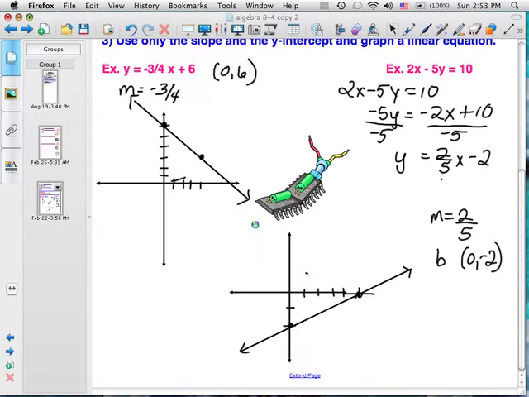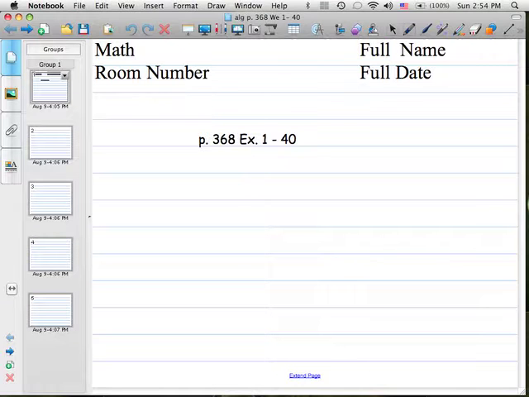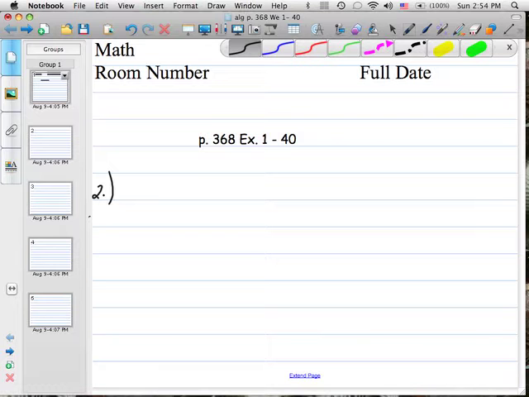We're ready to do page 368, so have your paper out and headed. Skip a line, the title's 368, 1 to 40. And problem number 2, we're to find the slope and the y-intercept of each line. So write the equation down that they give you. Check to see if it's in slope-intercept form. It is.